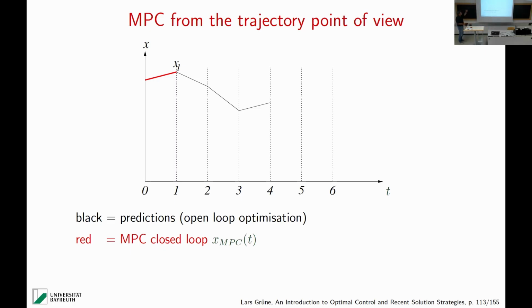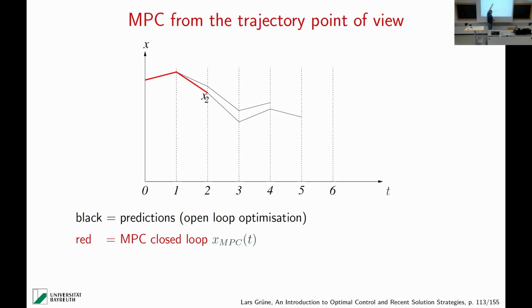Then we measure this point x1, and we solve the optimal control problem again on a finite horizon, but now on a shifted horizon. Again 4 steps into the future, so we solve from here to there. We will get something which is maybe somehow similar, but not usually identical to what we had before. Then we follow the new solution for one step.